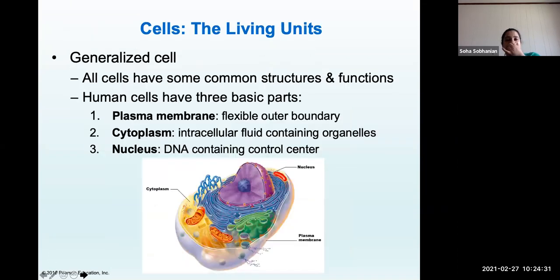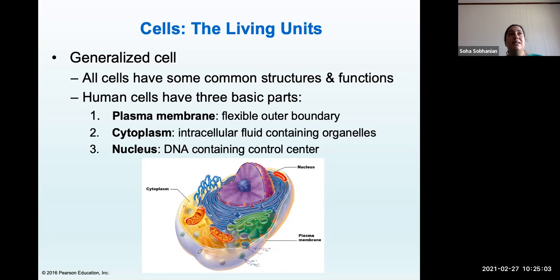So let's go ahead and start by looking at what we call the breakdown of a cell. So a cell has what we call a plasma membrane, which is this clear or purplish color membrane you see around it. And this basically sets the boundary for the cell, and it controls what gets into the cell and what gets out of the cell.